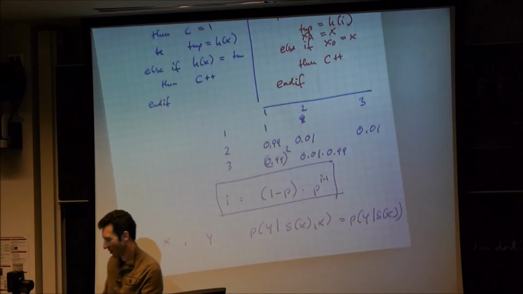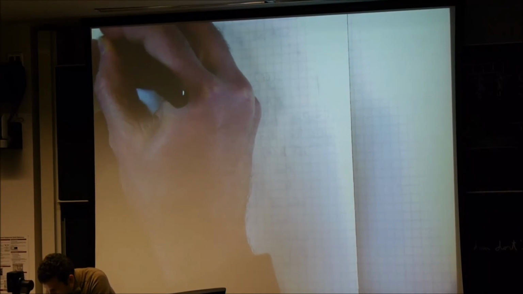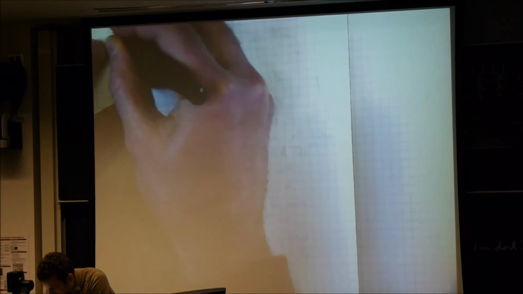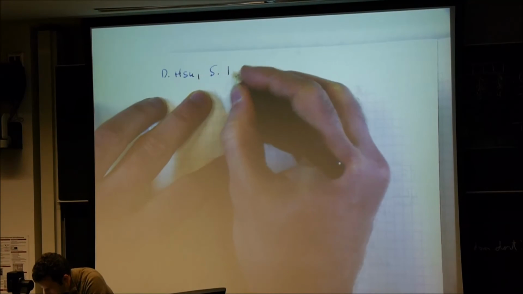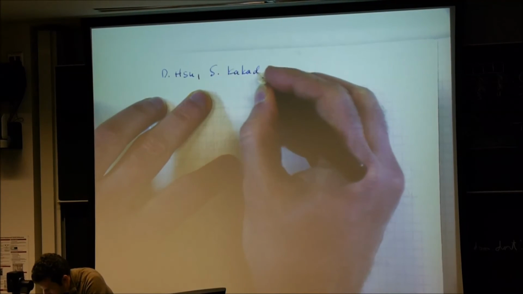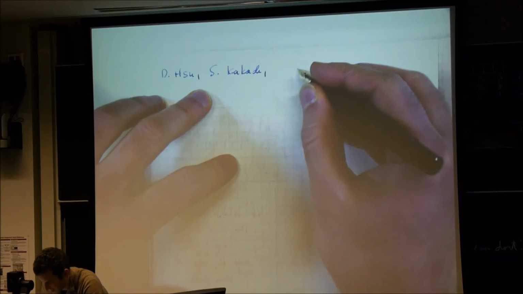Okay. There's actually a prize-winning paper from about 2-3 years ago at NIPS. I recall at least 2 of the authors would be Daniel Hsu and Sham Kakade, and it may have been John Langford as well.